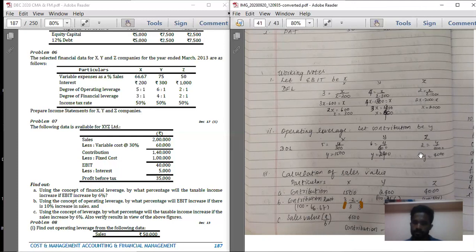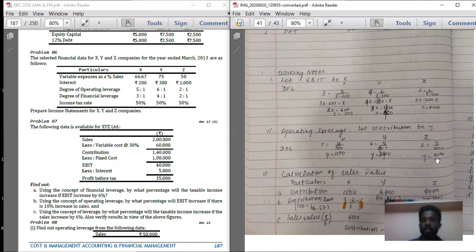And next is Z. In respect of Z company, DOL is 2 is to 1. So 2 is equal to Y divided by EBIT, which is 2000. Below that, Y is equal to 4000.